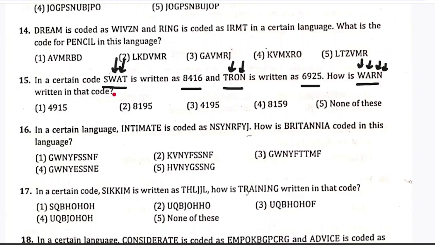That means I can straight away code them according to their corresponding places, because I can see T here, it's 6, and here also T is the first letter, starting with 6. That means for WA it has to be 4, 1. For RN, it has to be 9 and 5. So the answer is going to be 4195. That is my answer. So option number 3 makes sense. This is Rule 1.